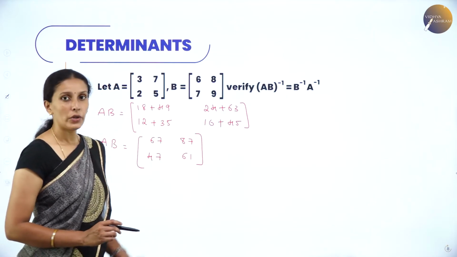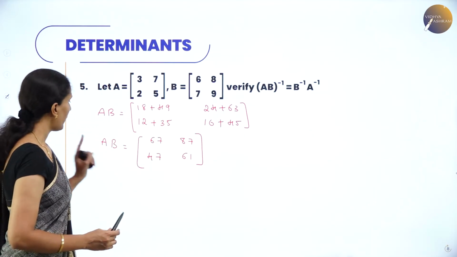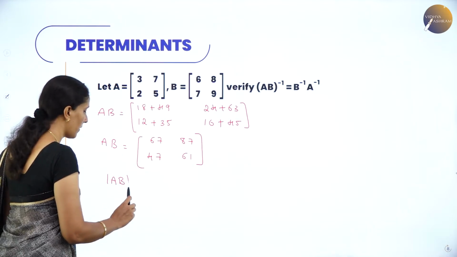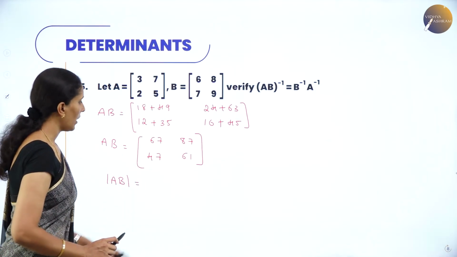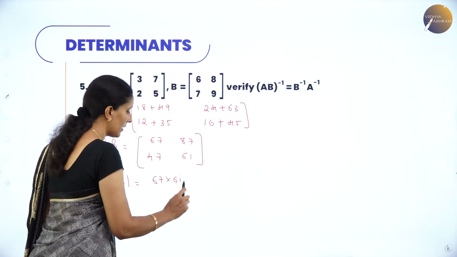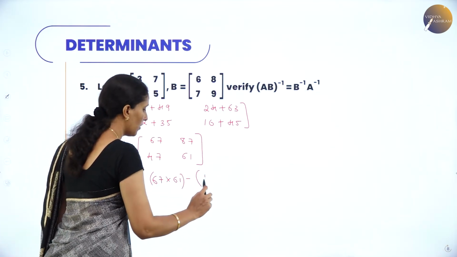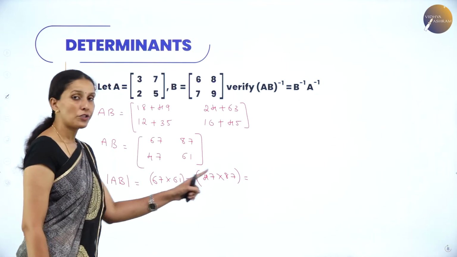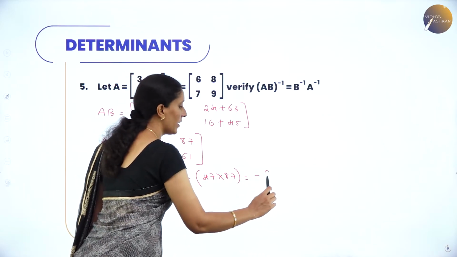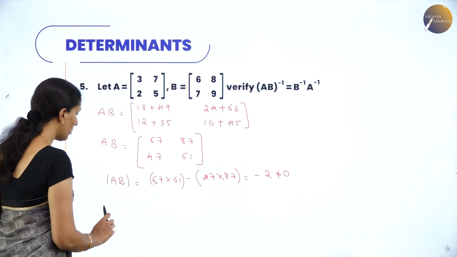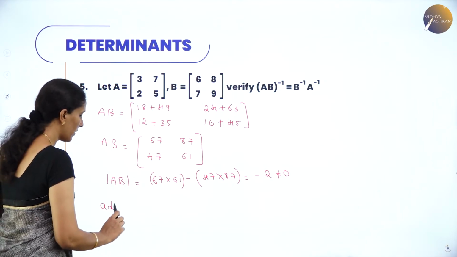Now we need to find out AB whole inverse. To find AB whole inverse, let's find out determinant of AB. So determinant of AB is 67 into 61 minus 47 into 87. Now when you solve this, you will get the answer as minus 2, which is not equal to 0. Next we need to find out adjoint of AB.